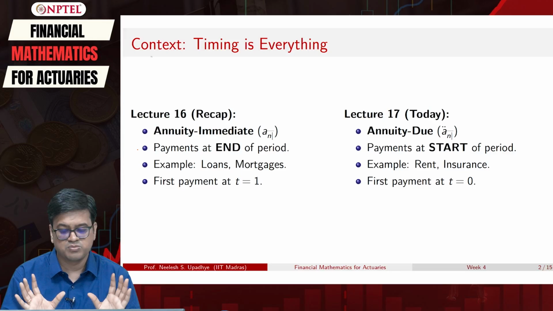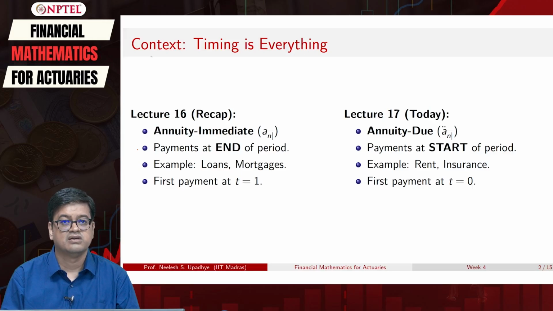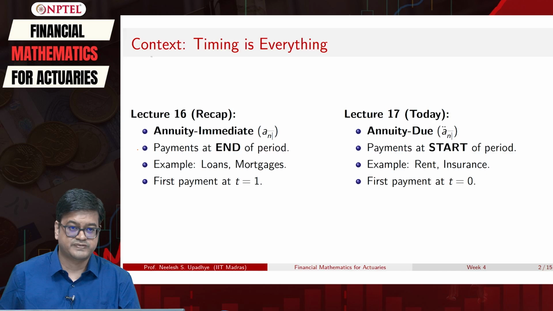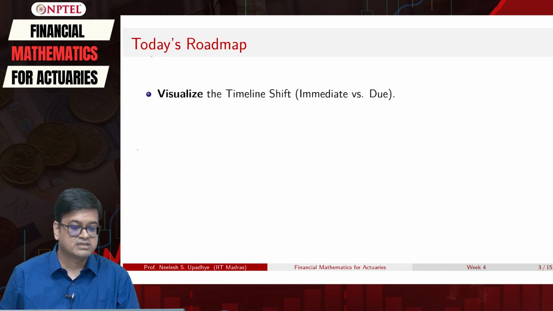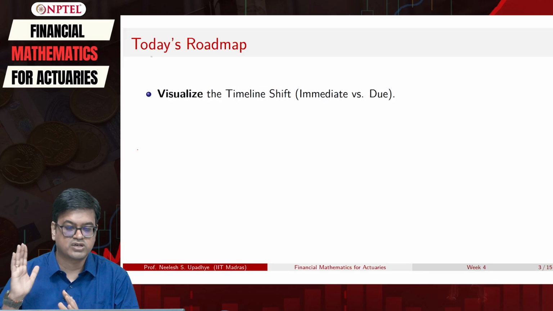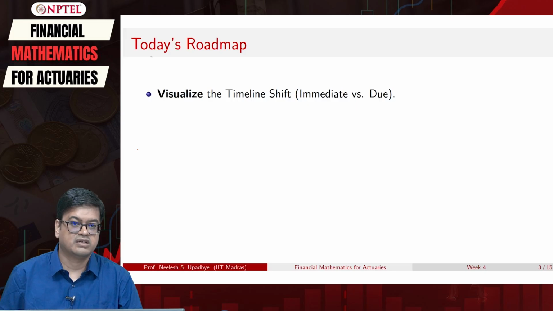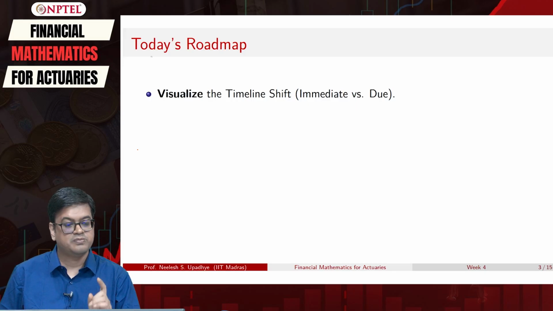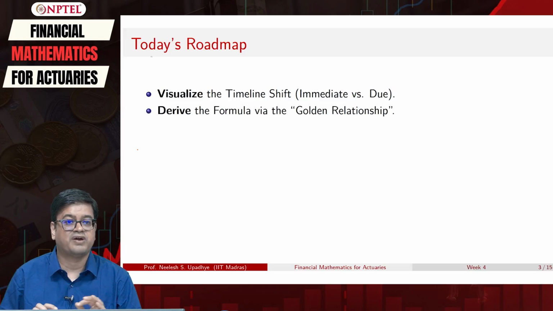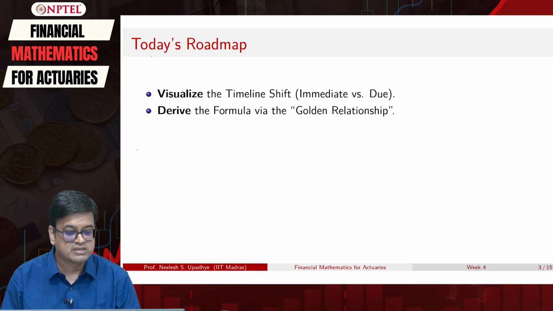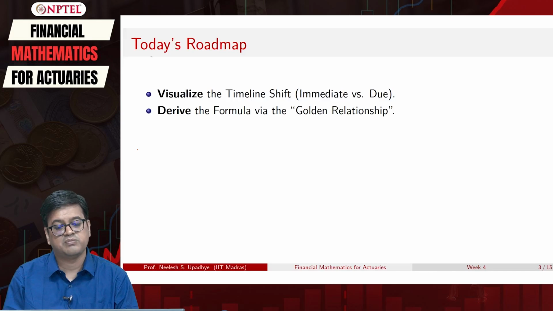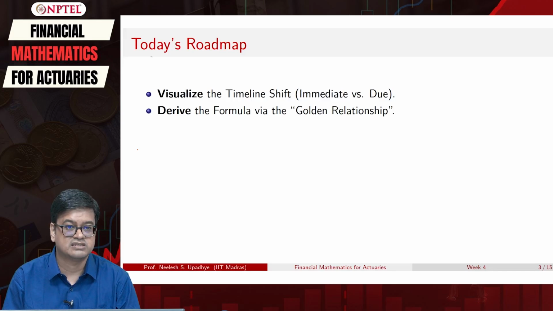If you notice, both of them look very similar except for this timeline shift. So in today's roadmap we will first visualize this timeline shift and make it clear what is immediate and what is due. Once we have done that, we will find the connection between these two, that is the formula which will help us derive this golden relationship.